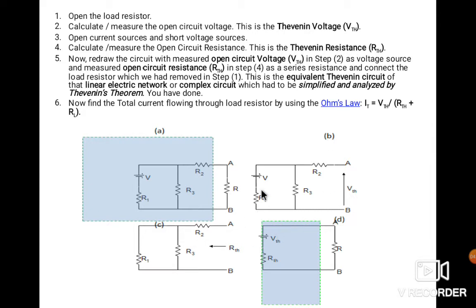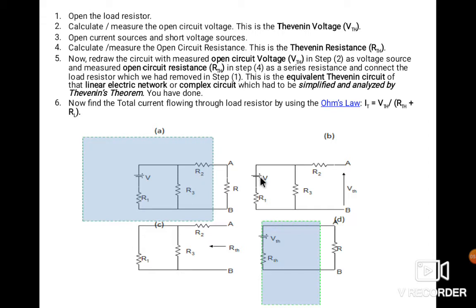See, earlier you have seen that there might be a voltage source or a current source in the network. Here a voltage source is there. If the circuit has a voltage source, the third step says you must use a short circuit in place of the voltage source.